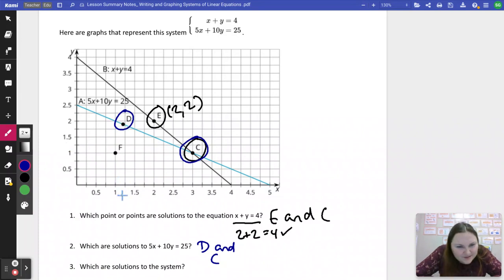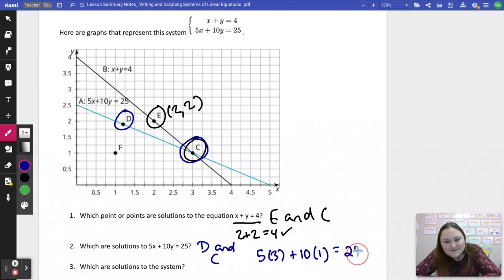It's going to be somewhere between 1 and 1.25, but I would have to guess. I don't even know. C, though, is easier to substitute. It's 3 and 1. And so if we were to do that, 5 times 3 plus 10 times 1 does, in fact, equal 25. We get 15 plus 10, which is 25.